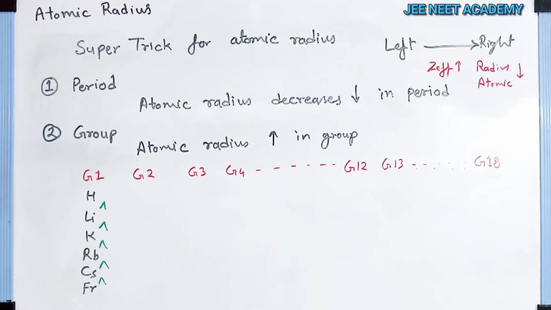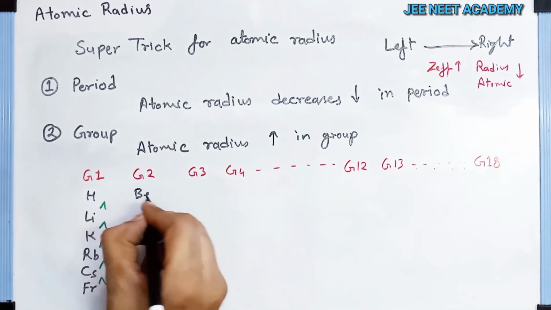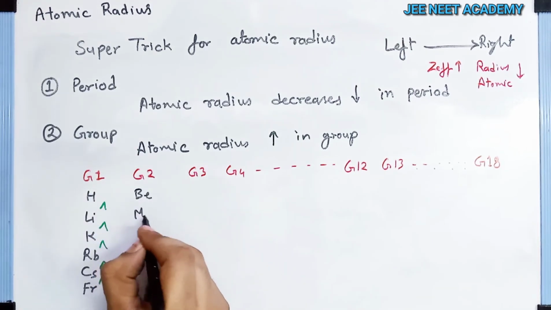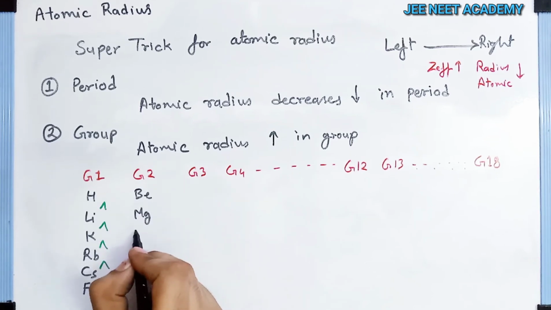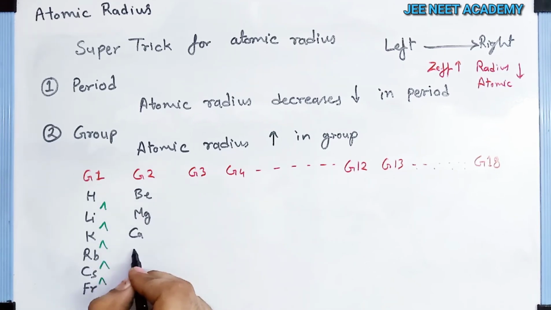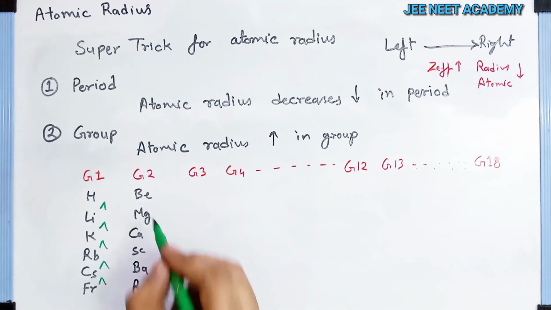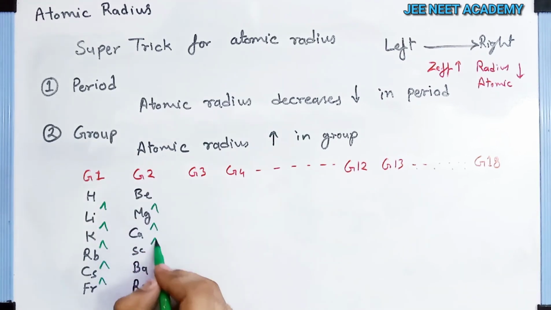Now in group 2 also this will be the same. Beryllium, magnesium, calcium, strontium, barium, radium. Here the trend will be increasing, increasing, increasing, increasing, and increasing.